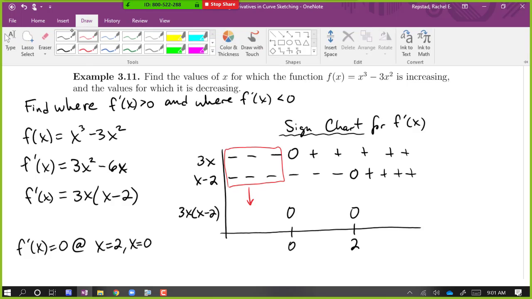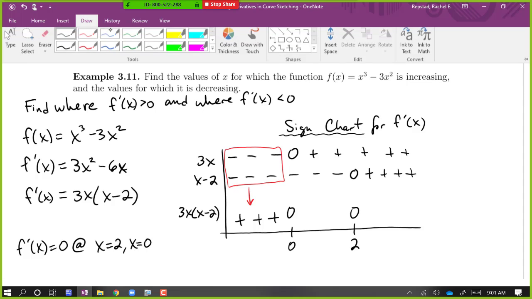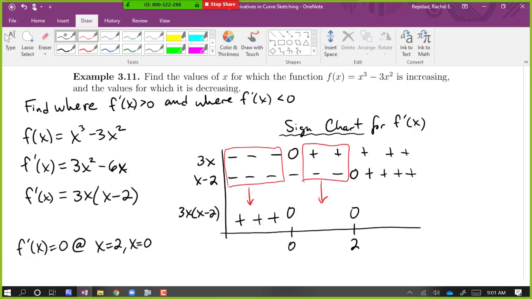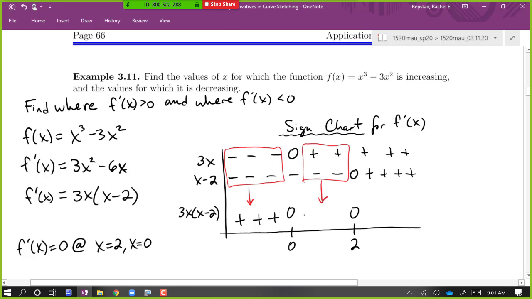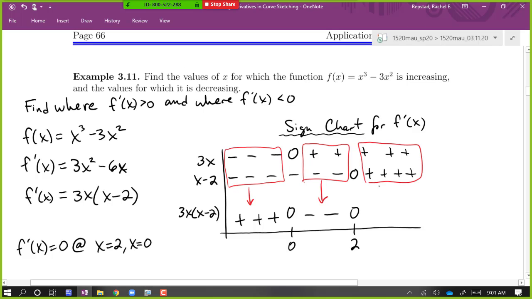What does that give me? Positive. In between 0 and 2, I would be multiplying a positive times a negative. What does that give me? A negative. And at values greater than 2, I'm multiplying two positives together, and so again that's going to give me a positive.